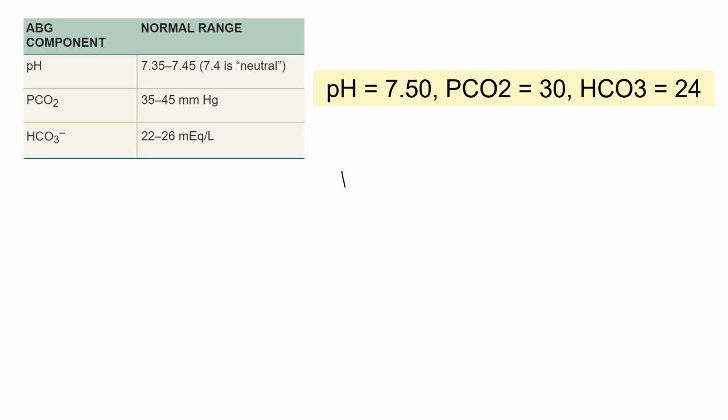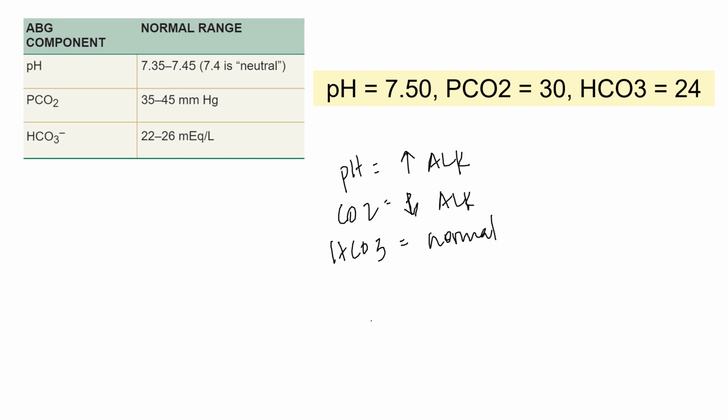Next example, pH is 7.5, that is increased, that is alkaline. CO2 is 30, that is decreased, that is also alkaline. Bicarb is 24, that is normal. So we are in respiratory alkalosis.